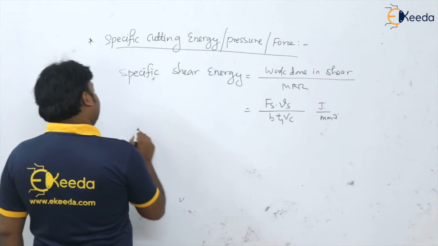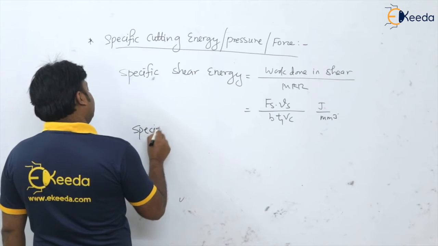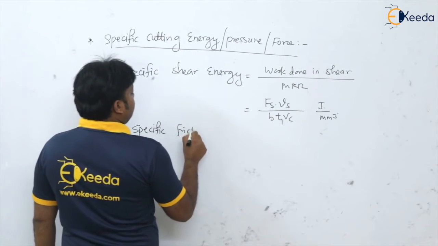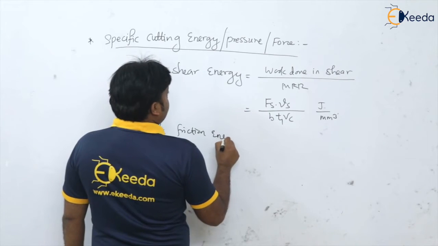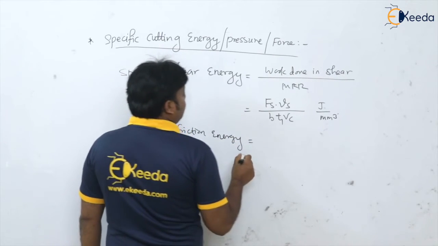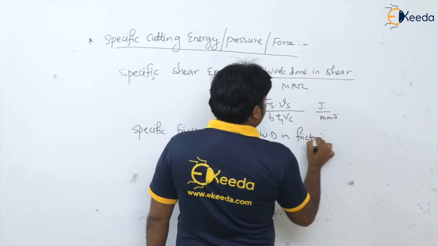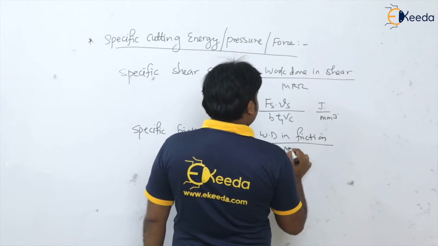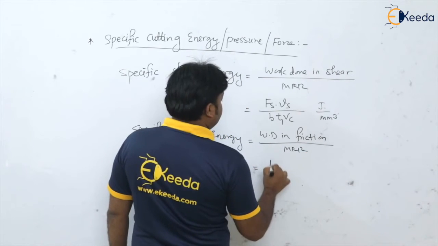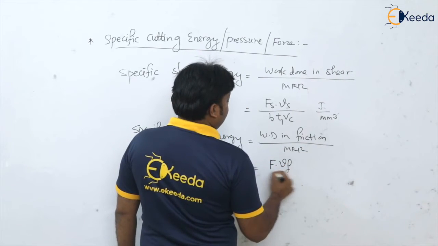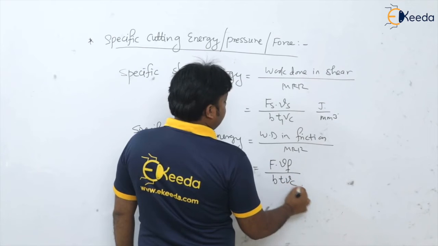Also we can define the specific friction energy. How will you get it? That is the work done in friction divided by MRR. So you get the frictional force into flow velocity divided by B T1 Vc.